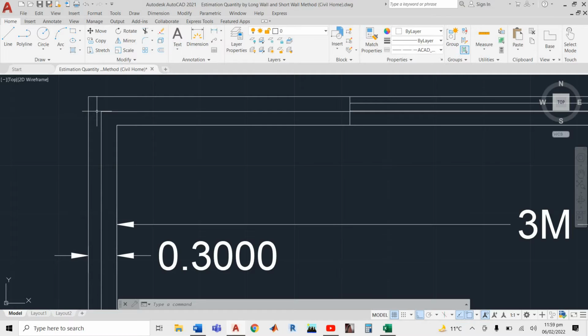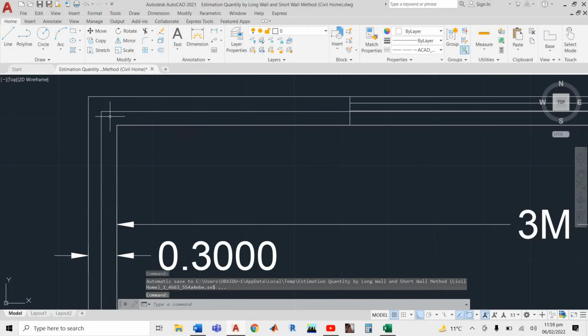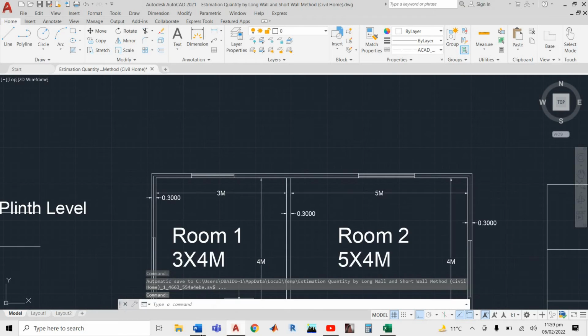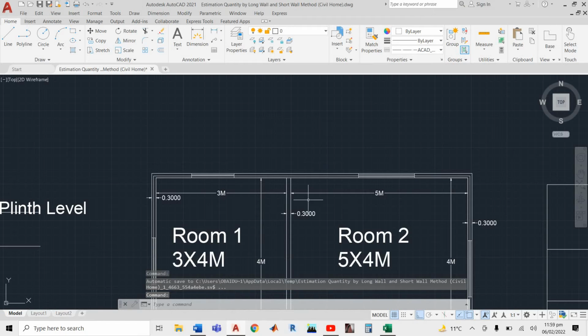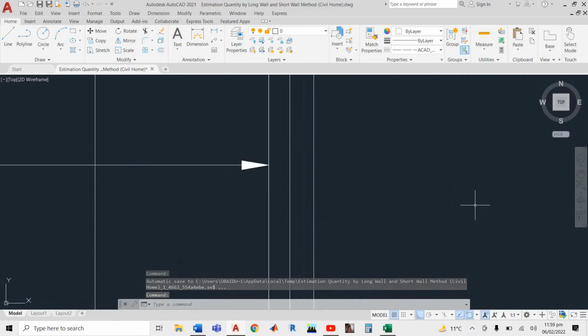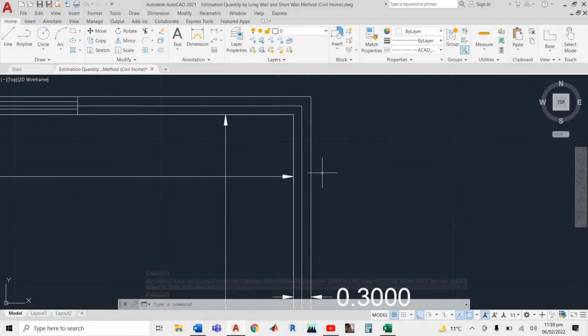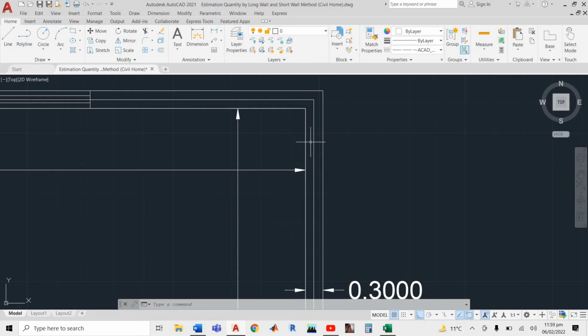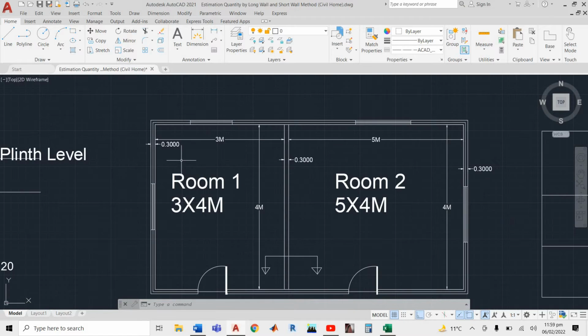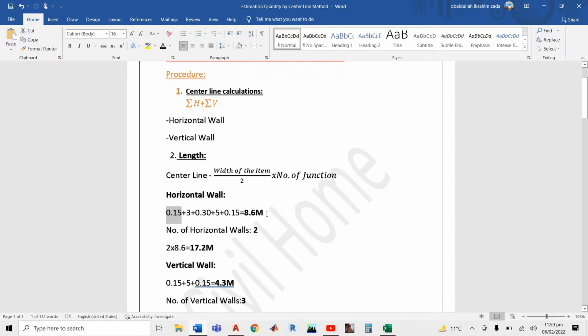If the wall is 0.3, the center point comes at 0.15. So 0.15 plus 3, then 0.3 plus 5. This dimension is 5, and here also we take 0.3 or 0.15? We should take 0.15 because we have the center line here. So 0.15 plus 3 plus 0.3 plus 5 plus 0.15, how much does it come? It actually comes to 8.6 meters.